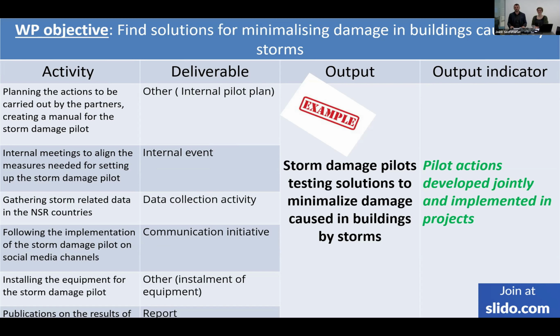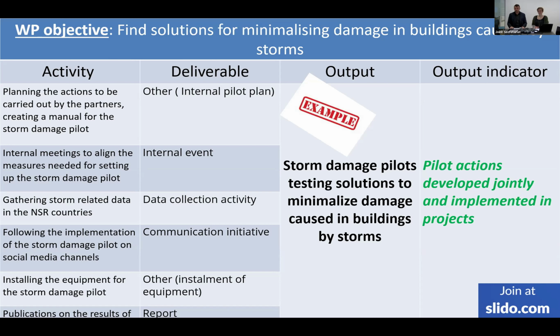So it is a communication initiative. You can put a target number next to it as well. Installing equipment for the pilots. This is also another category. You define it, and publication on the results of the pilots. That's rather the end stage of this work package.